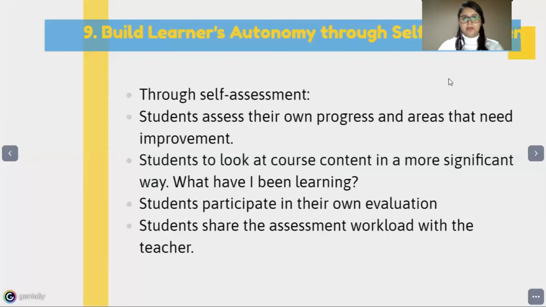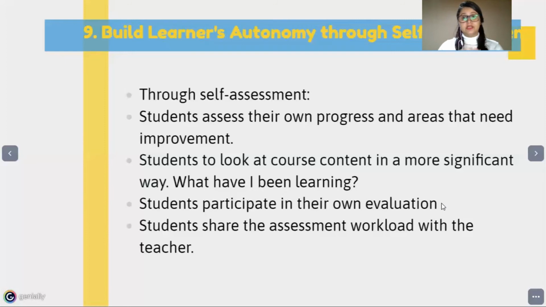Then another benefit is that students look at the course content in a more significant way, since they are included in the assessment process. For example, they need to answer the question, what have I been learning? And so they really realize they are learning something and that it is significant.